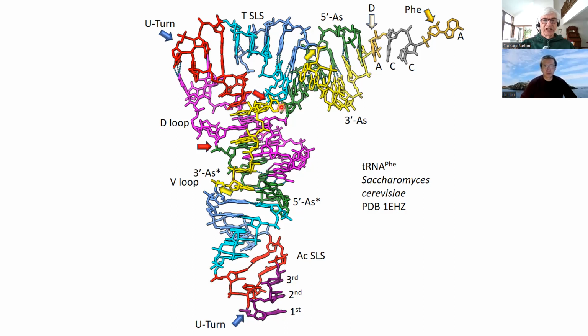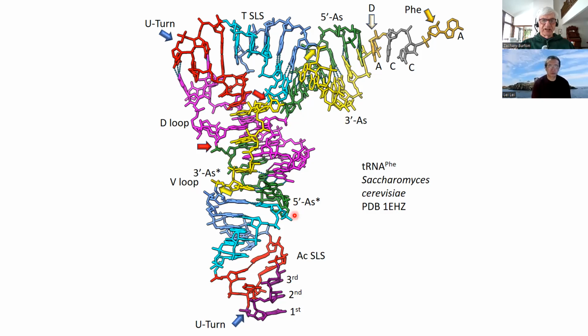This yellow segment here, these 5, corresponds to these 5 out of these 7. This is a fragment of a 3' acceptor stem. And this is the variable loop of the transfer RNA, type 1 in this case, because it's a short variable loop of 5 nucleotides.